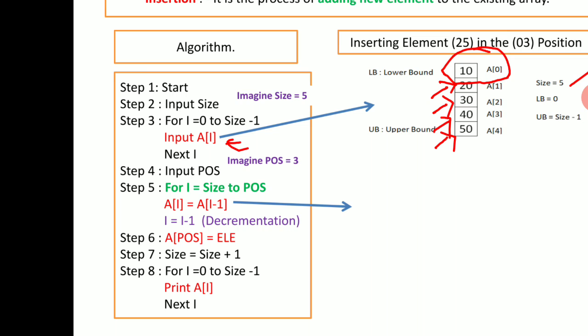And the element we are trying to input, as I have given in the heading, is 25. We are trying to add 25 to the existing array at the third position. How we can do it, we will see in the algorithm.